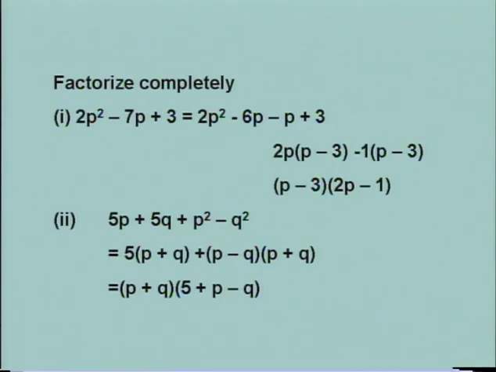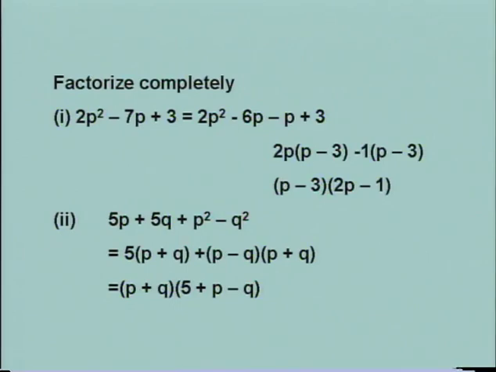For the second pair, minus 1 is common, which will give us minus 1 into p minus 3. And you'll recognize that p minus 3 is common, so we can extract the common factor, and the expression can be factorized completely as p minus 3 into 2p minus 1.